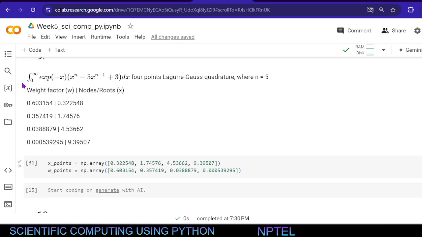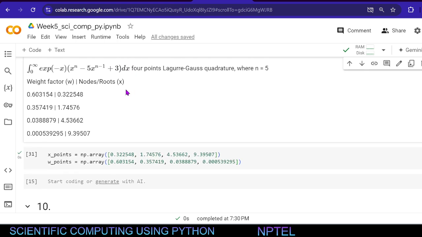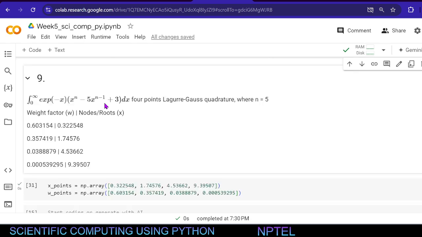Ninth one is integral from 0 to infinity of exponential of minus x, right? Which means we are dealing with Laguerre polynomials times this function where n is equal to 5. So x to the power 5 minus 5x to the power 4 plus 3. Okay, and the weights and nodes are given.